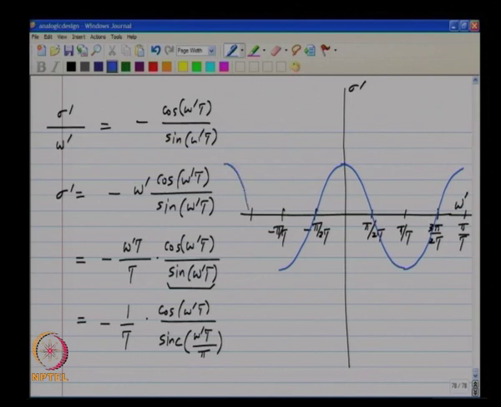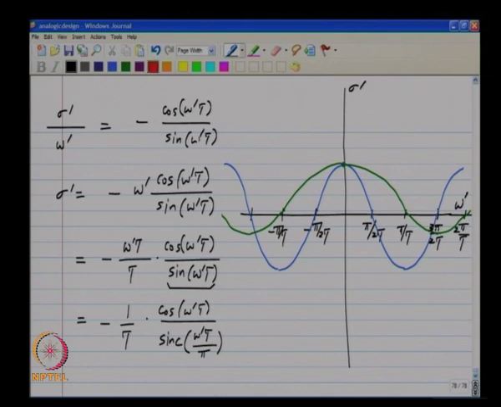Okay. And I will plot the sinc separately. It starts from unity, and this becomes 0 at plus minus pi by tau, and then it goes to a negative value, but not quite the same magnitude, at 3 pi by 2 tau, and then becomes 0 again at 2 pi by tau. Okay. This should be 2 pi by tau here, and the function is a ratio of these two.